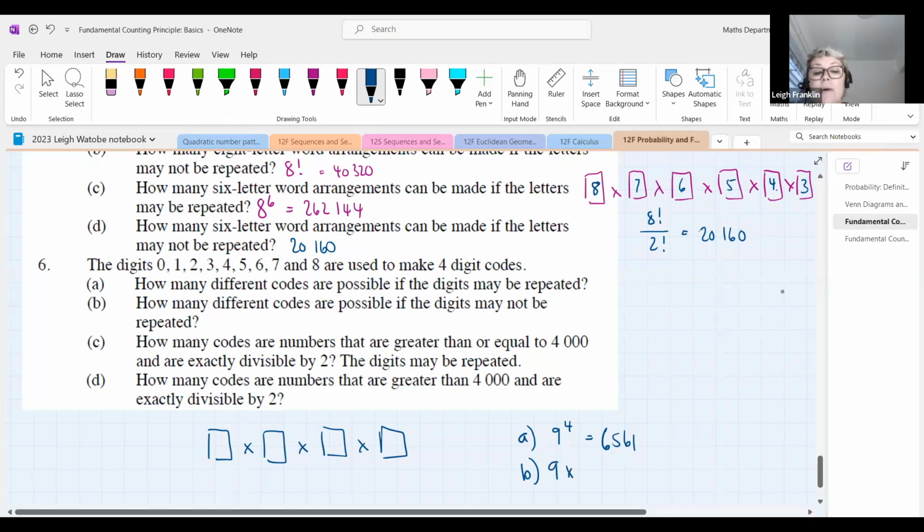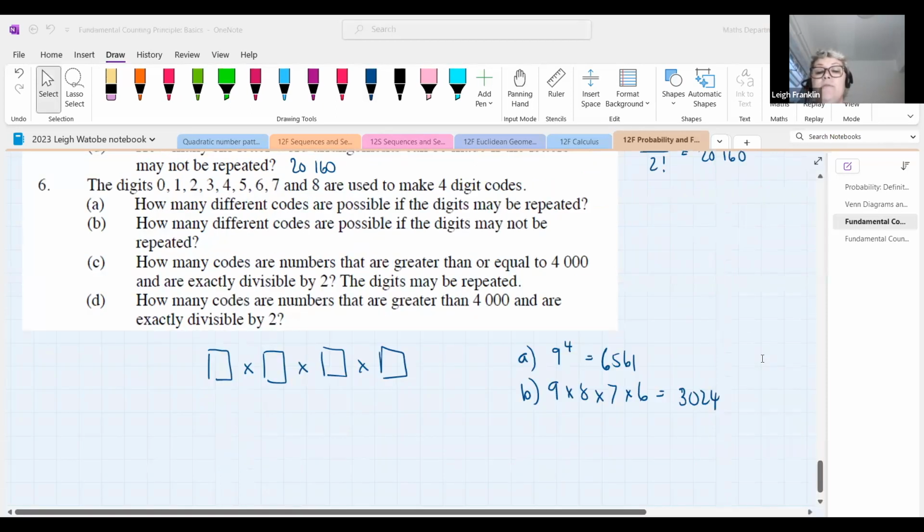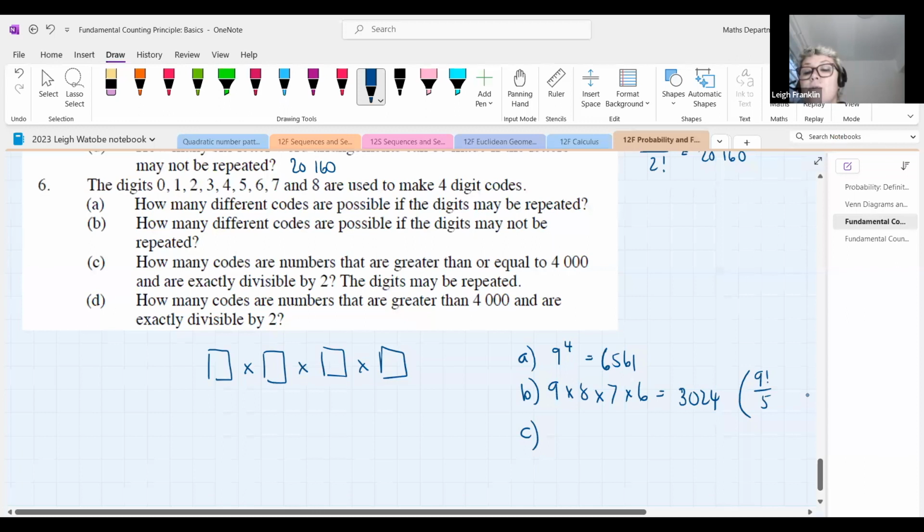So 9 by 8 by 7 by 6. Good, I'm getting the same answer: 3024 different ways. Yes, Cheslin, another way of doing it: 9 factorial divided by 5 factorial. Good. So we can also say 9 factorial divided by 5 factorial.